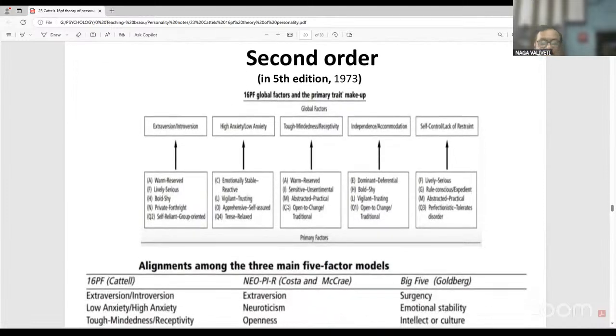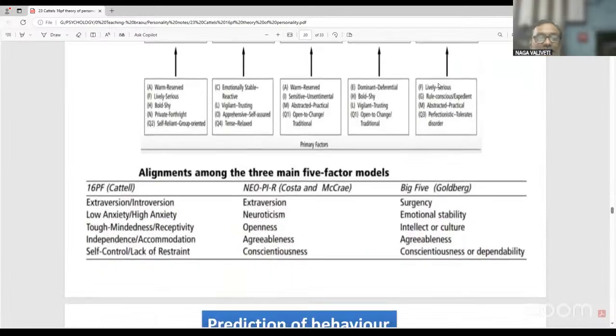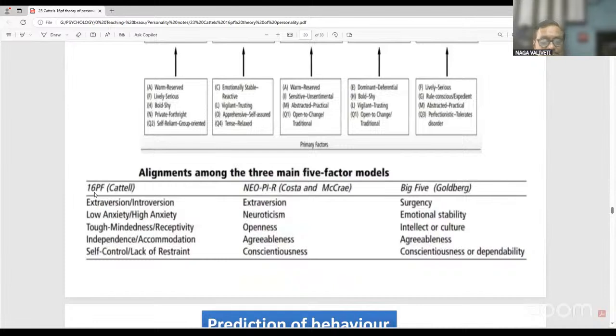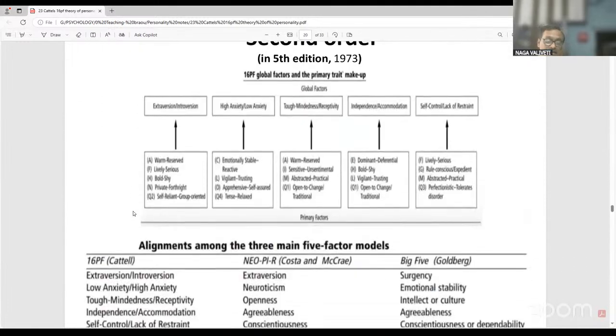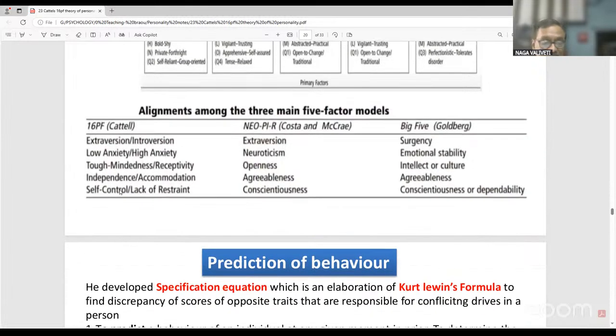So in the second order, we identified what they are. He has given extraversion and introversion in the second order. Generally, why is all this asked in the SET or the UGC NET? First order, second order, oblique rotation and orthogonal rotation: these questions are frequently asked.